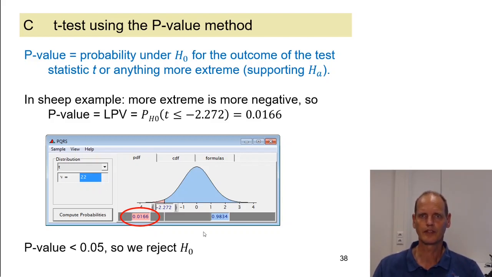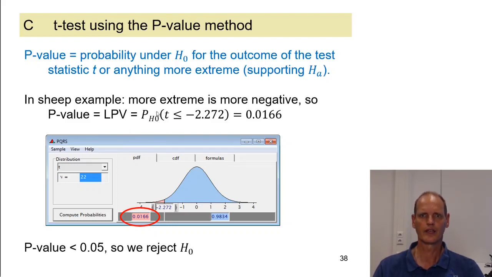It's the probability that the outcome of the test statistic is more extreme than the one observed. In this case, more extreme, more supportive of the alternative hypothesis, means more negative. So the p-value that we use here is the left-tailed p-value.